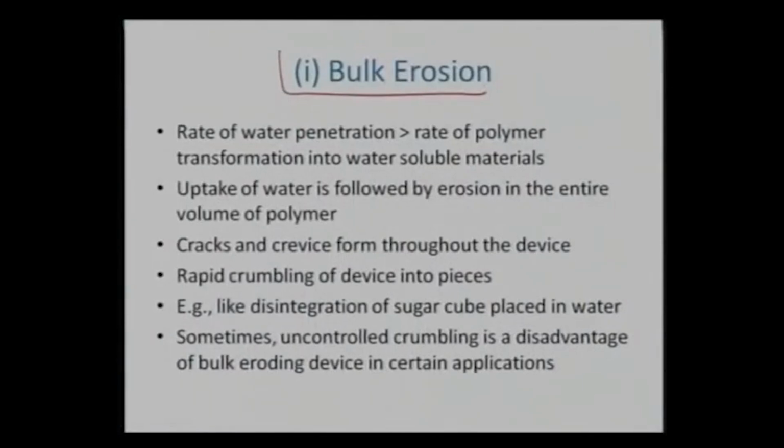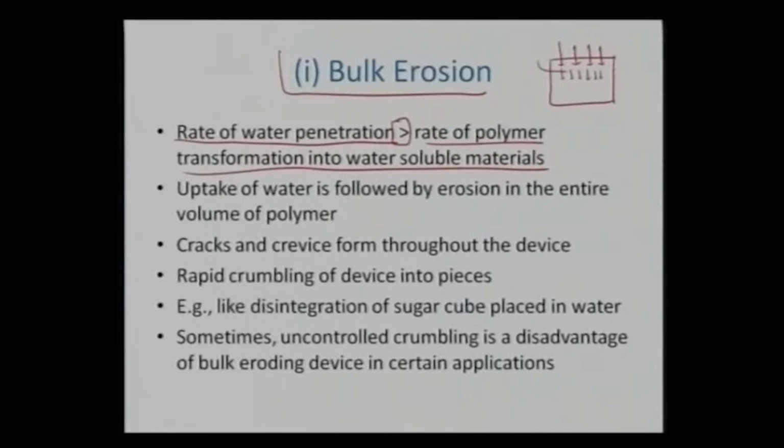In this case, what is happening is that the rate of water penetration into the polymer is greater than the rate of polymer transformation into water soluble materials. So we have a polymer, then water starts to seep in, and the rate of water penetration is much faster. It will go much deeper into the polymeric material by the time the entity on the surface gets solubilized in water itself.